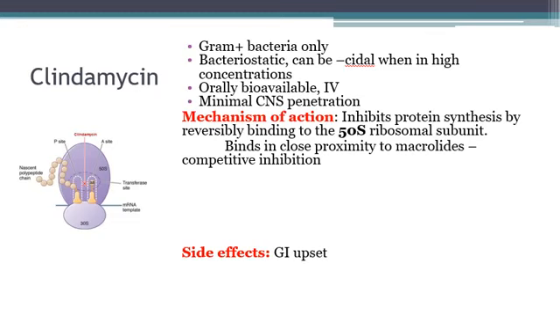If you do decide to co-administer these drugs, there may be some competitive inhibition because the two binding sites are very close to each other, and the antibiotics themselves may be quite large, so from a chemistry standpoint, they may not fit on the same molecular target if given at the same time. The main side effect with clindamycin is GI upset.